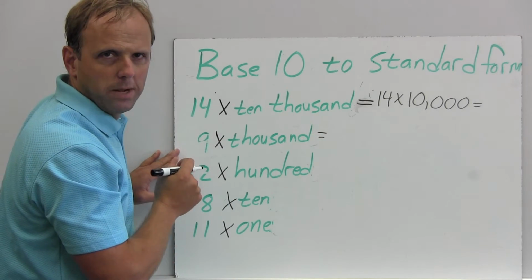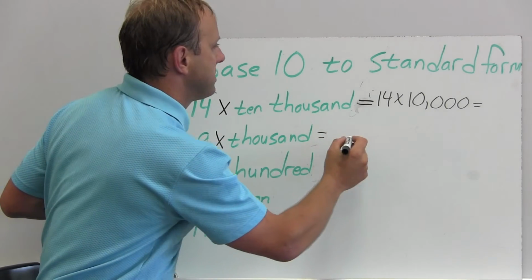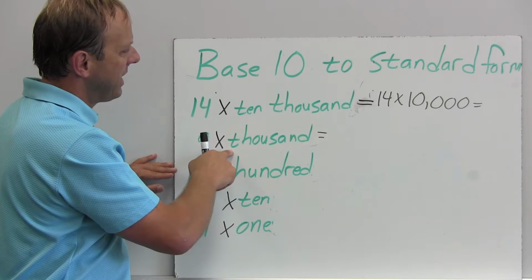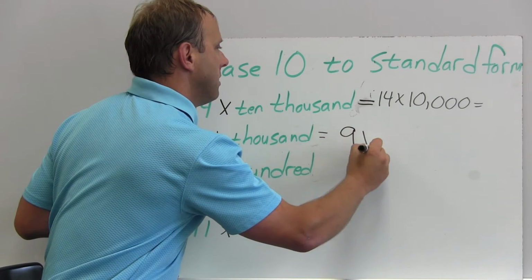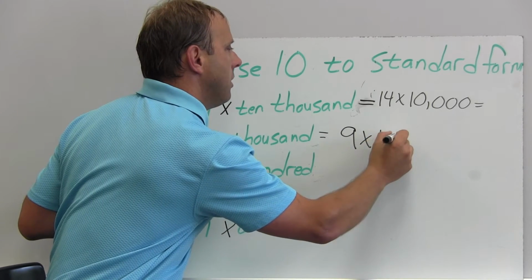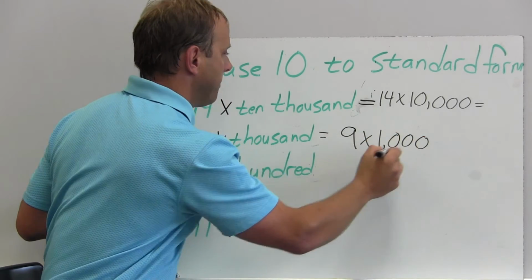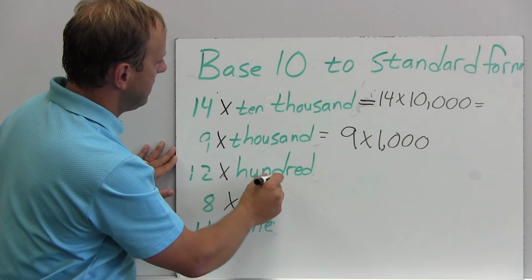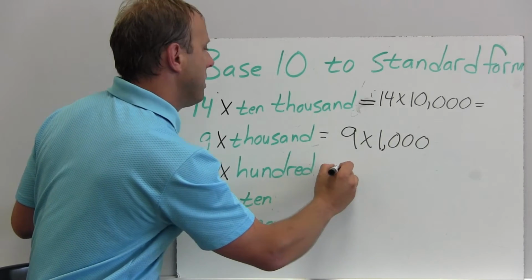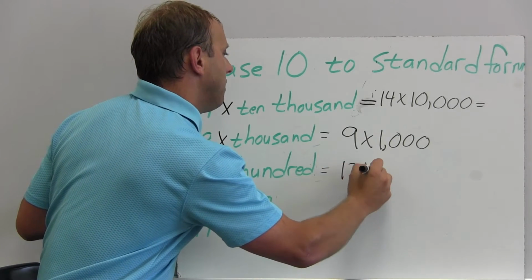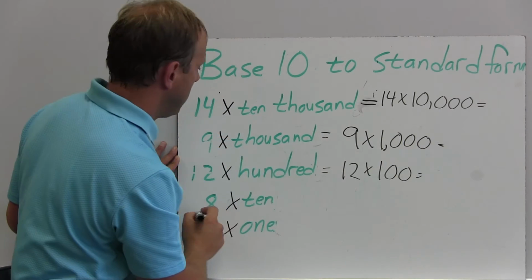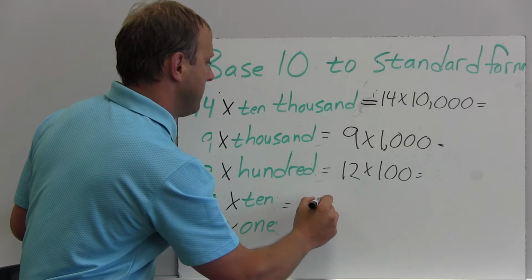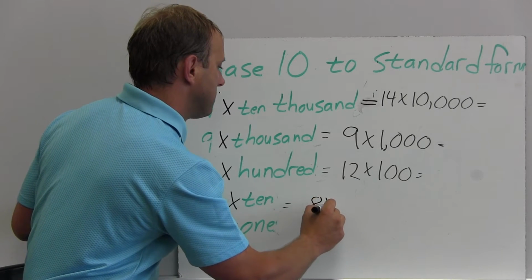We'll call it candy corn math when we get to it. 9 times 1,000. 1,000, well, that is the place, but we know that to be 1,000. 9 times 1,000. 12 times 100, we know it to be 100, so 12 times 100. 8 times 10, because we have 8 in the tens place.